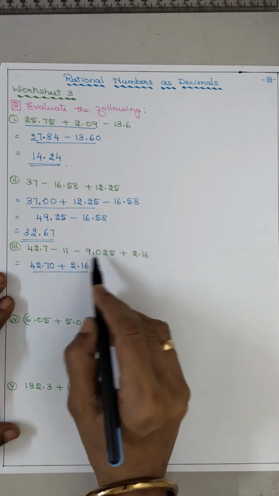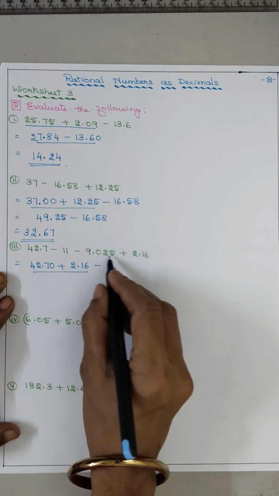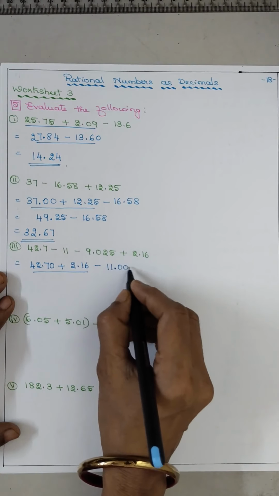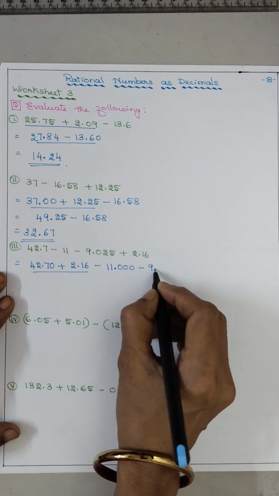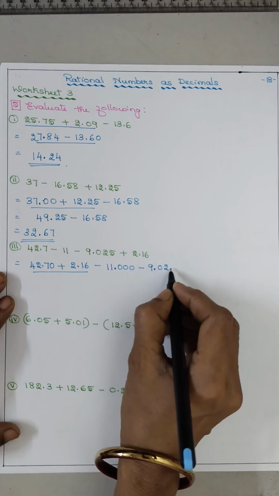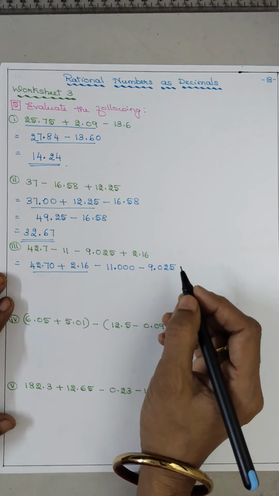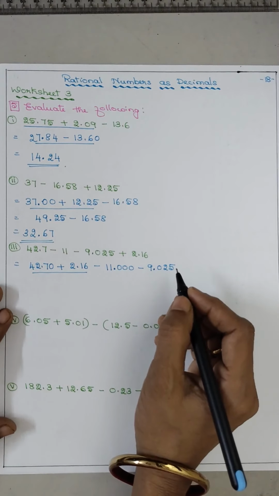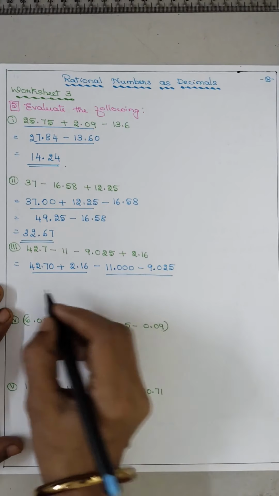Now negative ones have to be done together, so 11.3 decimal, that is why 3 zeros, minus 9.025. You have seen in the integer lesson, do the positive ones together first, the negative ones together, isn't it?